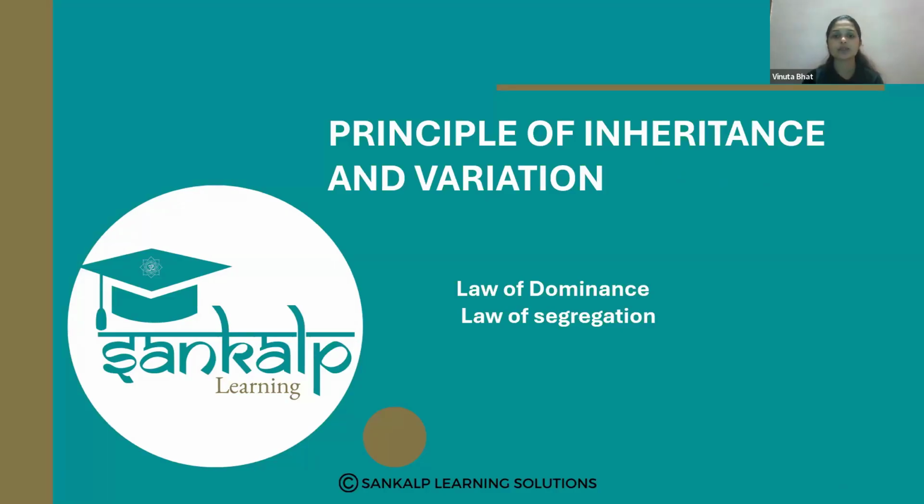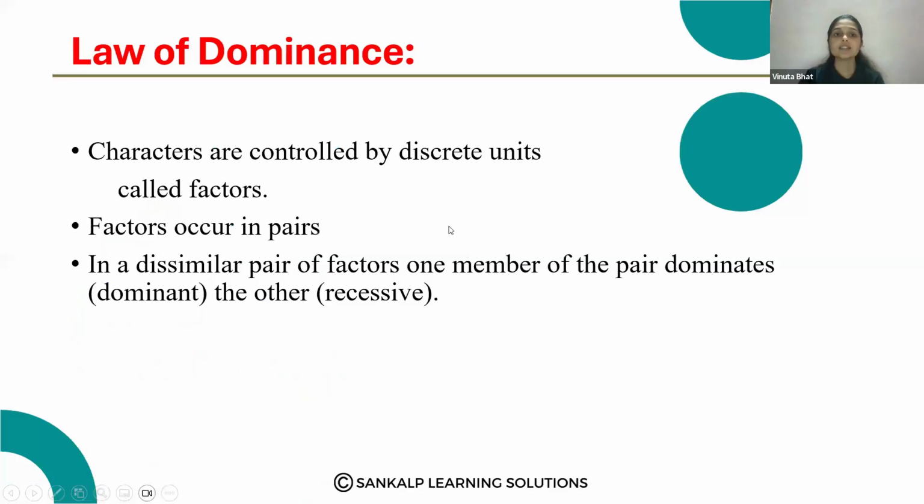So let's study about the law of dominance and law of segregation. Mendel proposed two laws based on the monohybrid cross experiment. What he did in the monohybrid cross was cross a true breeding tall plant and a dwarf plant.